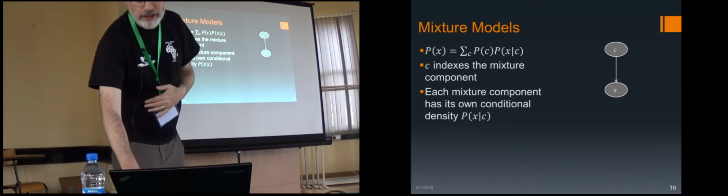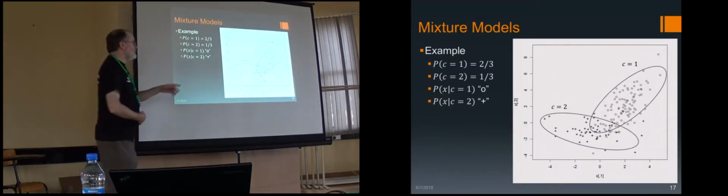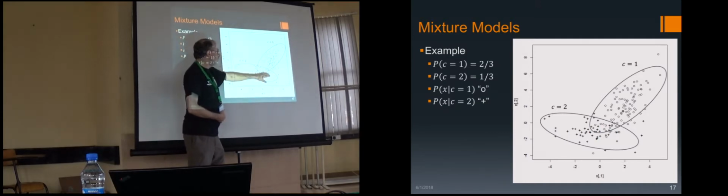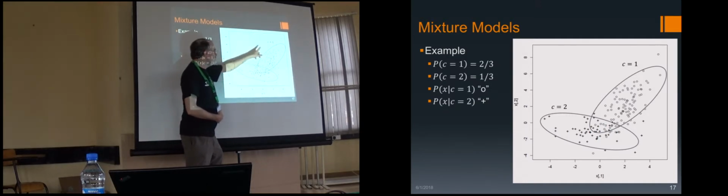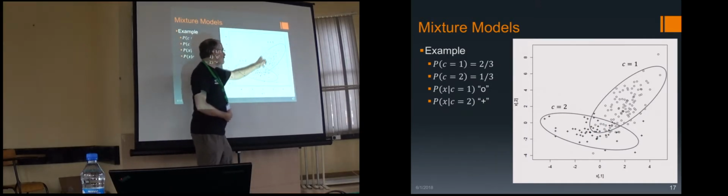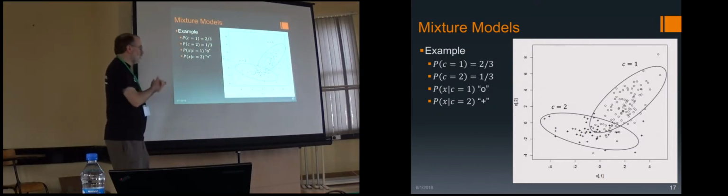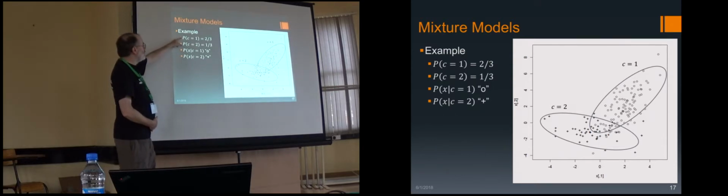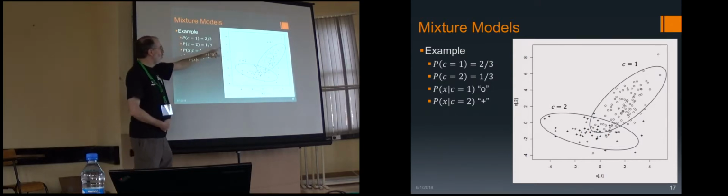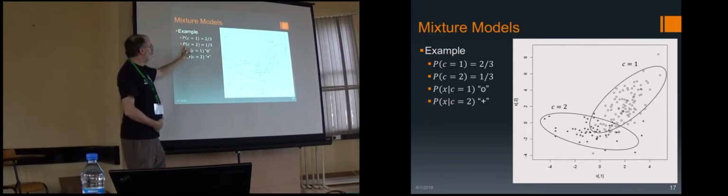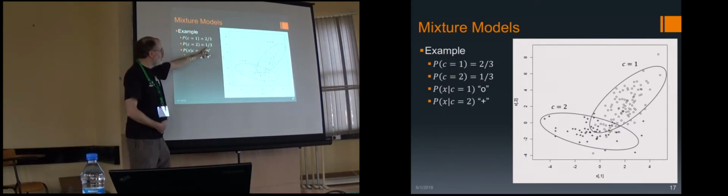Just as an example, suppose I created a probability distribution that consisted of drawing samples from these two Gaussians. This is the same one I used before, and here's another one with a different covariance matrix. And I set it up so that the probability of generating a point from cluster 1 is 2/3, and the probability of generating it from cluster 2 is 1/3.